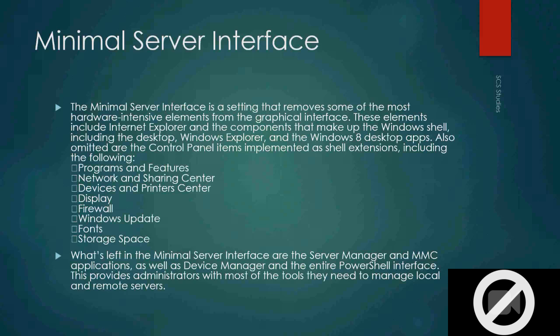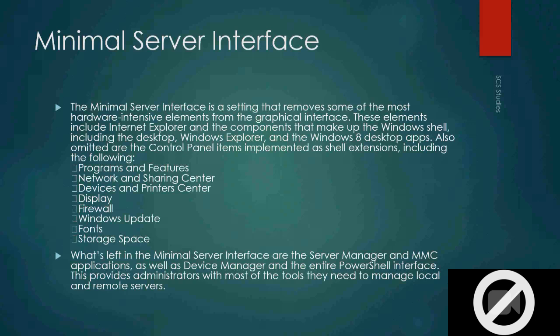These elements include Internet Explorer and the components that make up Windows Shell, including the desktop, Windows Explorer, and Windows 8 desktop apps. These are the things that come with Internet Explorer that may be stopped or removed.